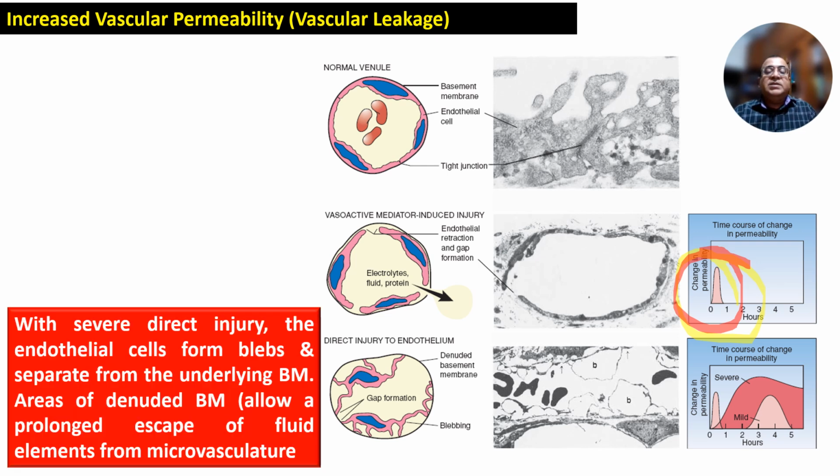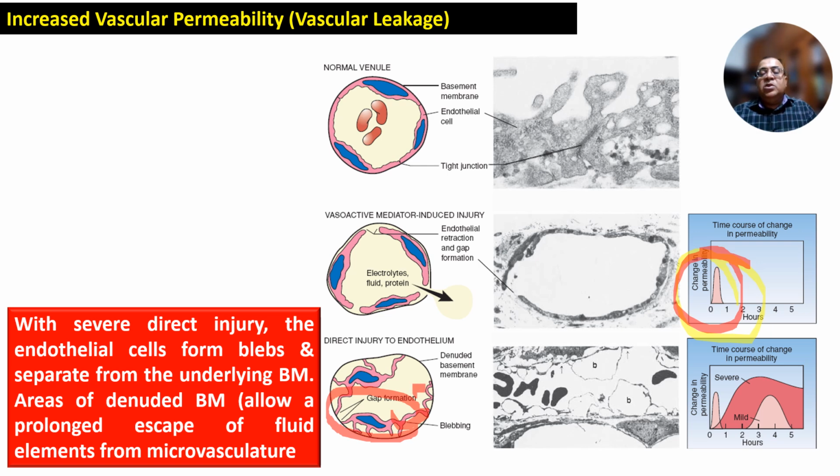When there is severe direct injury to the endothelium, there is formation of blebs and these cells detach from the underlying basement membrane, and there are areas of denuded basement membrane.